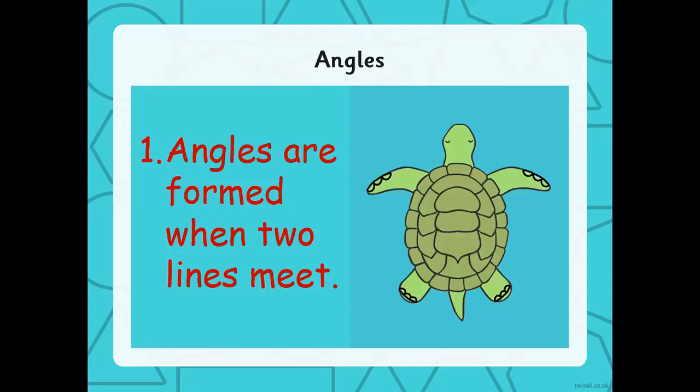When you join 2 lines, what do you think will be formed? You bring a line, bring another line, join them at a point. The space that you find in between those lines is what we call the angle. Remember, our topic says lines, angles, and then polygons. So angles are formed when 2 straight lines meet.